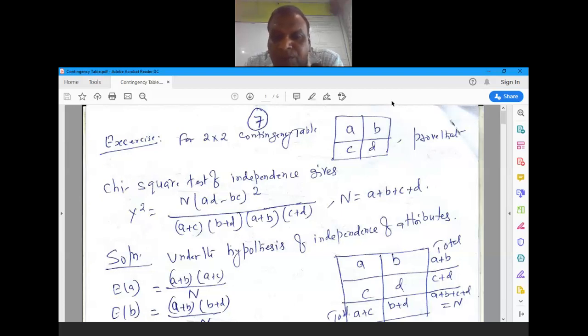This theorem is very important in BPSC or UPSC tests. Generally this theorem will be asked.